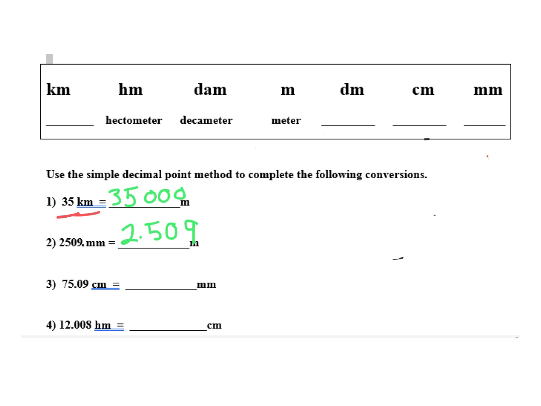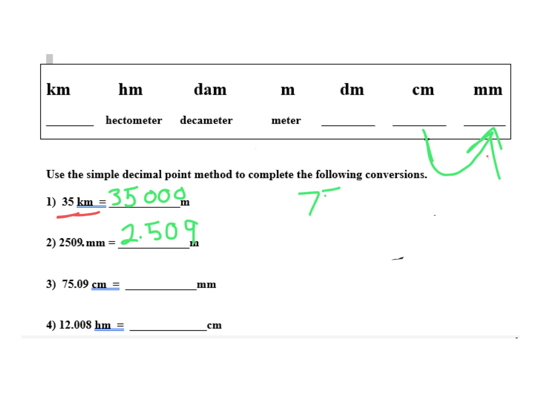Try that one without me. So we have 75.09 centimeters. We want to move it into units of millimeters. So I'm starting with centimeters. I'm going to move directly over to millimeters. That's on the left in my chart. So that's what I'm going to do with my decimal point. I'm going to move it one place to the left.